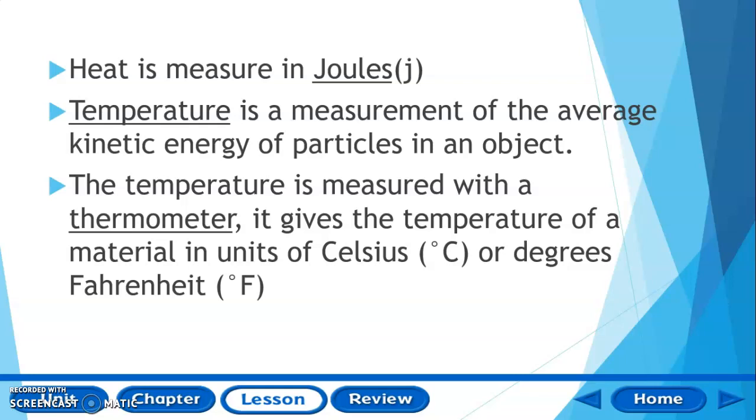The thermometer gives the temperature of the material in units of degrees Celsius, that we represent with the letter C, or degrees Fahrenheit, that we represent with the letter F. Copy in your notebook these important facts because they are really important for the next practice test. So please copy that information and underline with your color blue the important concepts.